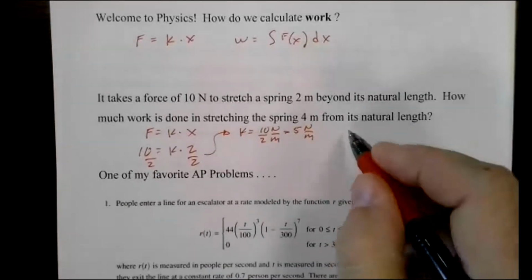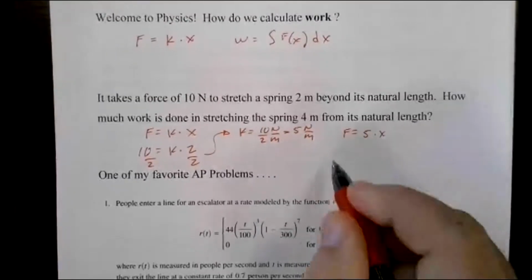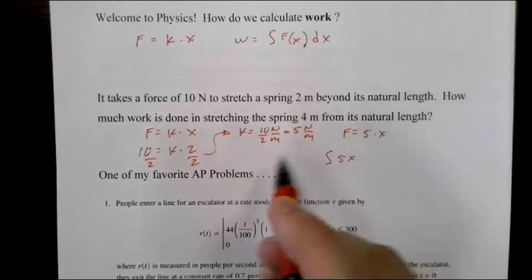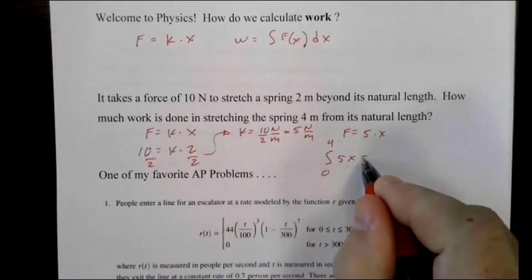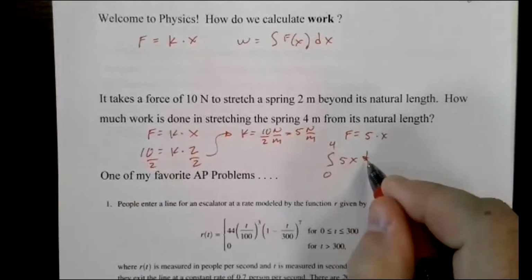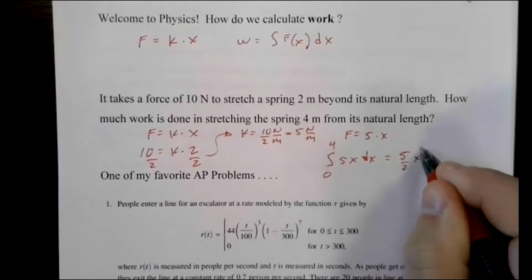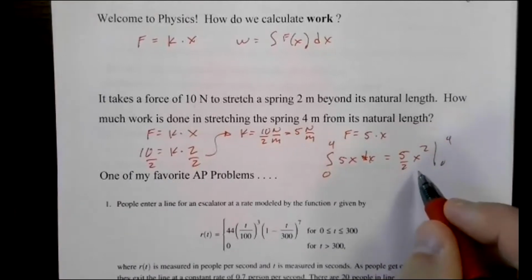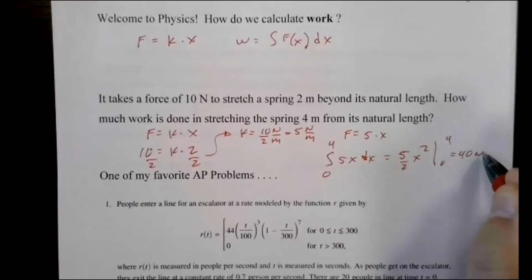Okay, so that means the force is 5 times x. The integral of 5x, stretching from 0 to 4, excuse me, dx, is 5 halves x squared, 0 to 4, which is 40 Newton meters.